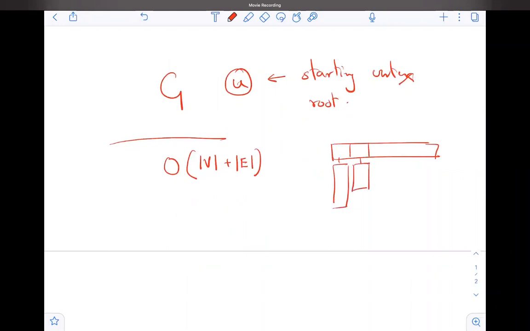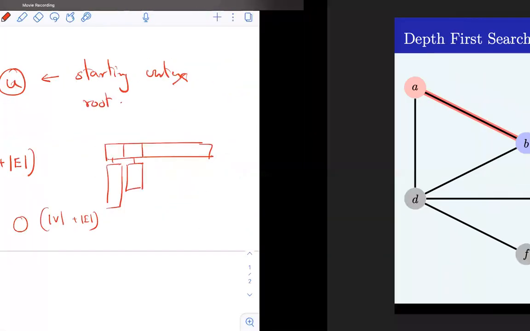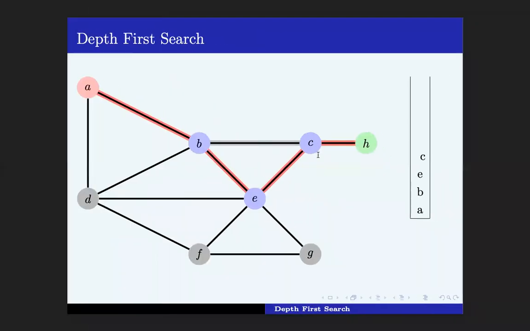Big O of V plus E. So this is what we call a linear algorithm. Input is V plus E, and your output is also V plus E, then the algorithm also takes order V plus E. Anyway, we will come to that V plus E step very soon.